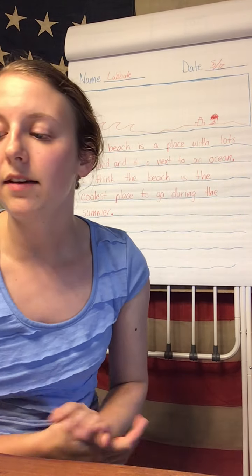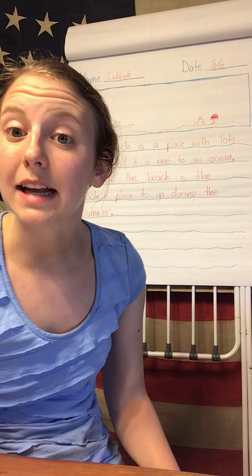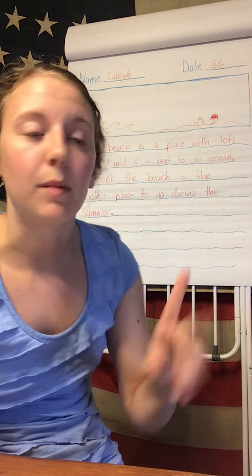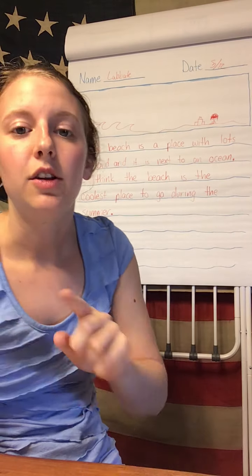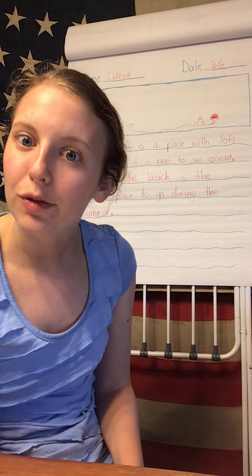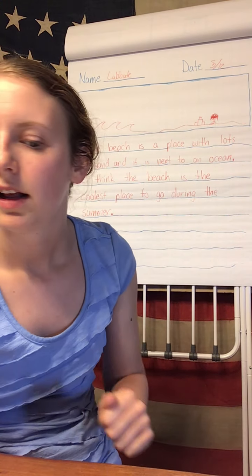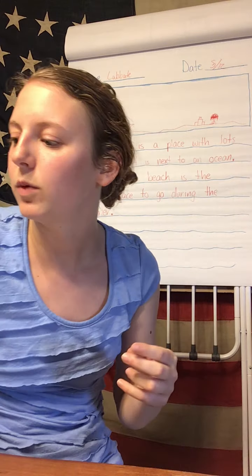So, I won't be able to read aloud to you today for your independent reading, but that's okay. This will be a great time for you to pause and get your writing done, and you can pause and go get your reading done. Next time I'll make sure I have a new book that I can read to you so that we can look at what's a fact and what's an opinion.